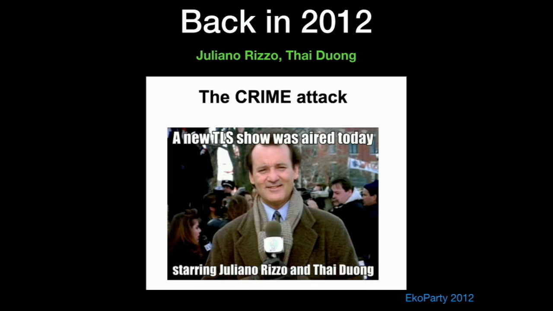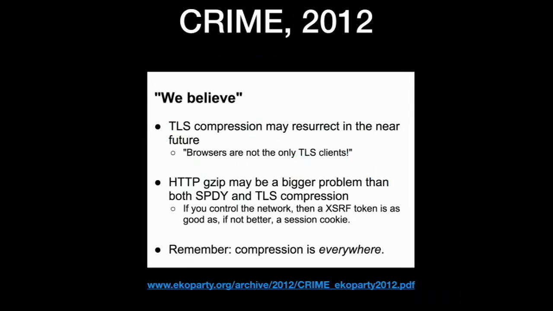The interesting thing about their research was that they were able to predict the future attacks that would come based on CRIME. One of the things that they clearly mentioned was HTTP GZIP can be a problem, which means not just request cookies, but also HTTP responses can be attacked. So you have interesting artifacts like CSRF tokens and a few other things in HTTP responses that can be attacked as well.